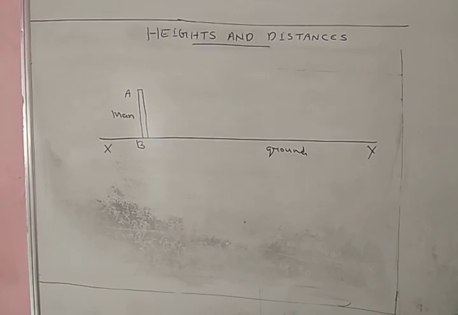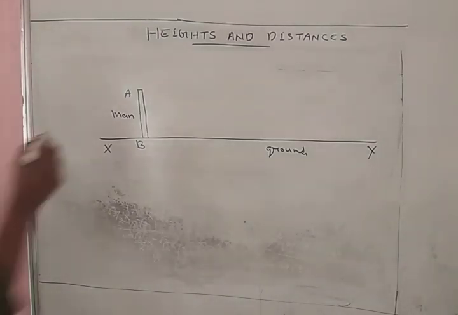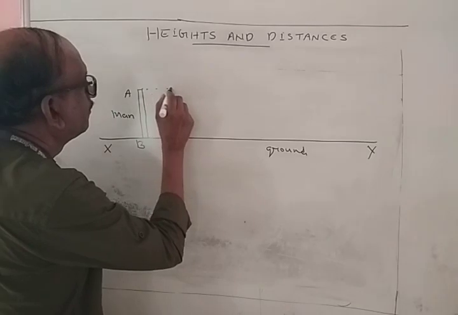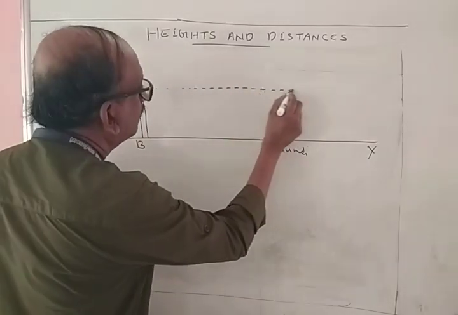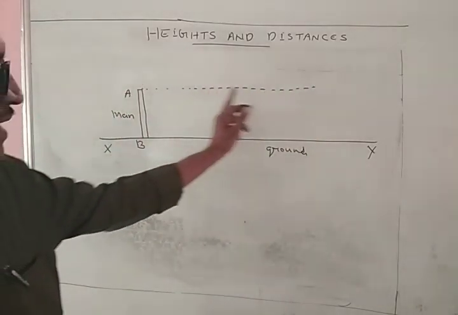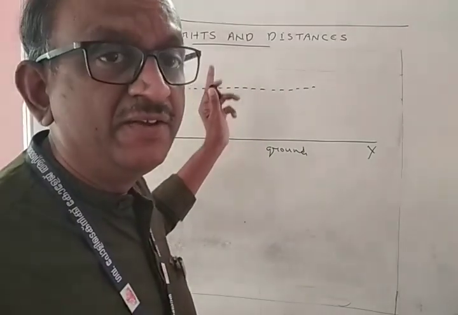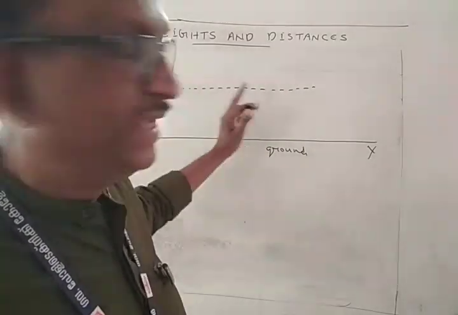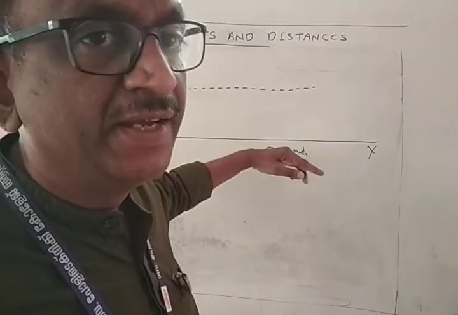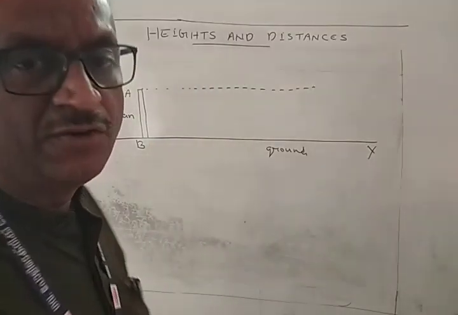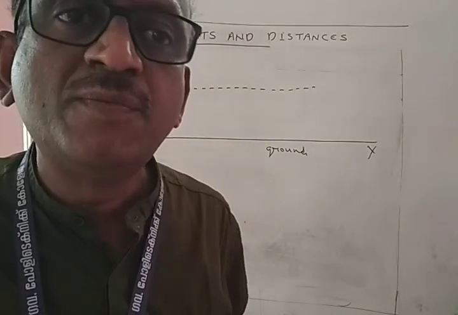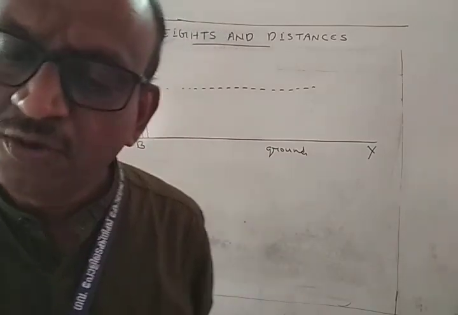That is, his normal vision is parallel to the level ground. This dotted line represents the vision of the man AB, which is parallel to the ground. This vision is known as the normal line of sight.